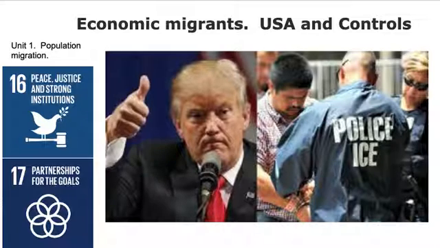Again, coming back to this idea of economic migrants, peace, justice, and strong institutions, Donald Trump certainly has been making the institution of border control a lot stronger, and this has caused conflict at times. We might also like to consider SDG 17, which is Partnership for the Goals.